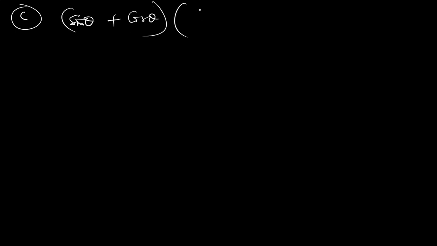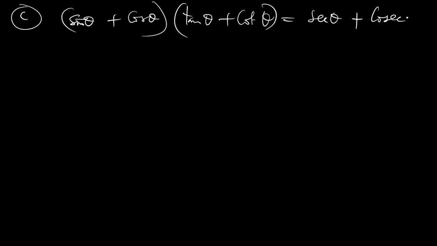The next question is, now C, which is the next question. They said show that, let me write sin theta plus cos theta bracket close, times tan theta plus cot theta is equal to sec theta plus cosec theta.